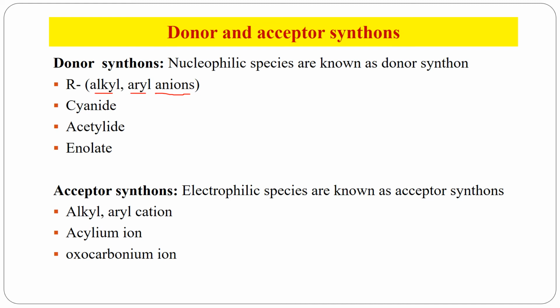Cyanide, acetylide and enolates have negative charge. And what are the acceptor synthons? Alkyl or aryl cations, which are electron deficient. These are the acceptor synthons. Acylium, as we have seen previously, carbonyl having positive charge, and oxocarbenium.